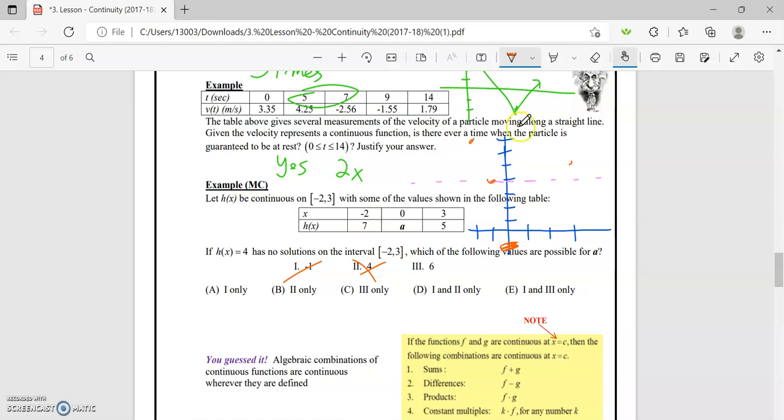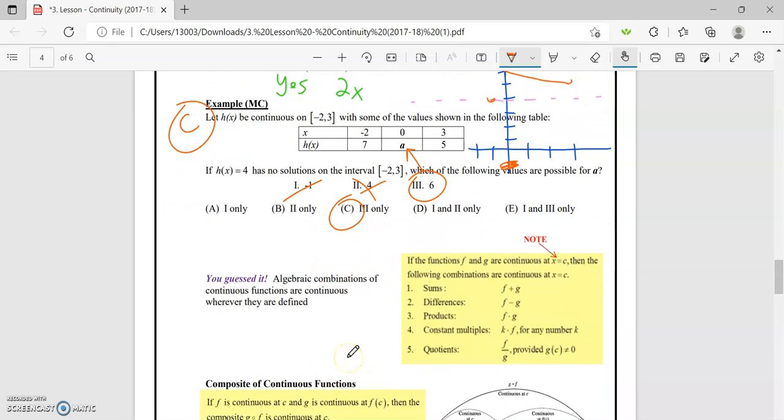Now, 6 on the other hand, 6 fits nice and neatly between 5 and 7. So yeah, absolutely, at some point, I am guaranteed to cross 6. So a could be 6, we don't know, but it's at least a chance. It says what values are possible. So the only one option is 6, so the answer is C. All right, there we go.